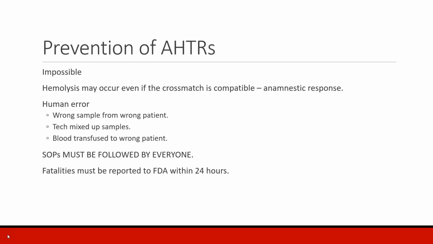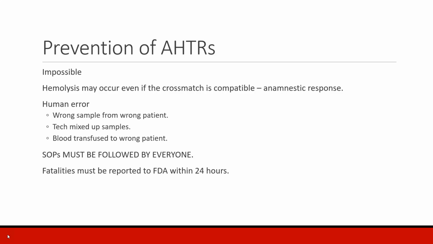It's fallen below the detectability of our screening process. You didn't know they had the antibody. The patient's transfused with cross-match compatible blood, and that anamnestic response kicks in, a rapid increase in antibody, and a large number of transfused cells will result in acute hemolysis.